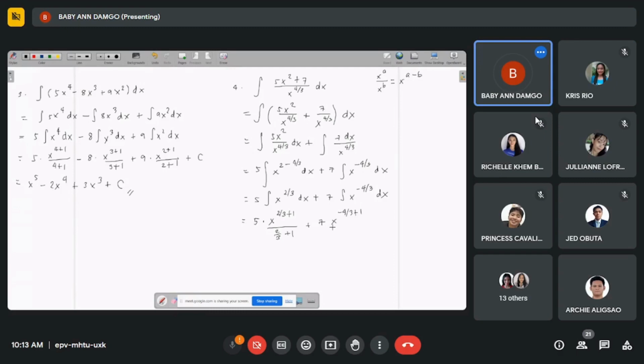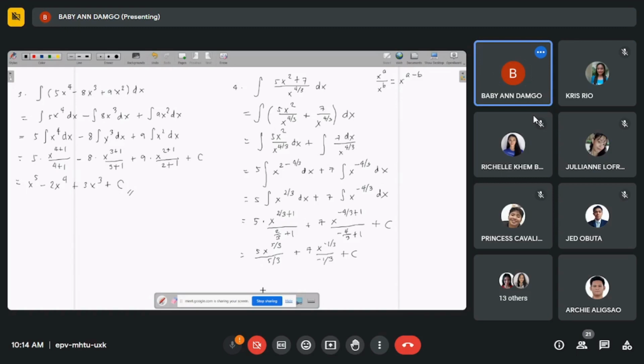So all over 5 over 3. Plus 7 times x to the power of negative 4 over 3 plus 1, which is negative 1 third, so all over negative 1 third, plus c.